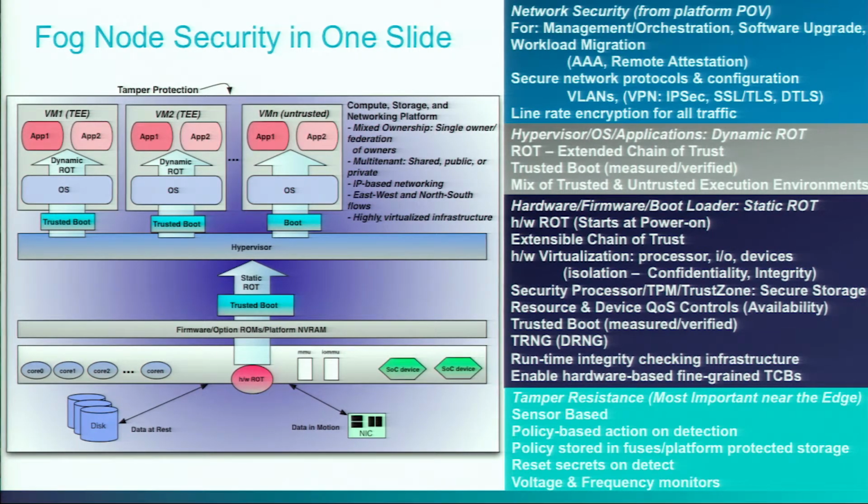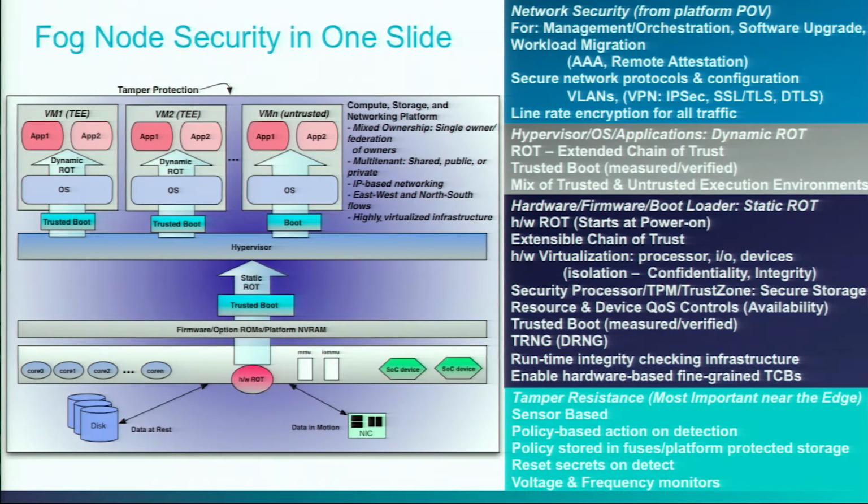When the system is powered on, that hardware root of trust will verify firmware, option ROMs, platform, NVRAM, et cetera. Then transfer control typically to what's often called boot 0, which is firmware implemented on the platform. It verifies that firmware. The firmware there then in turn transfers control to some software bootloader, which it verifies.